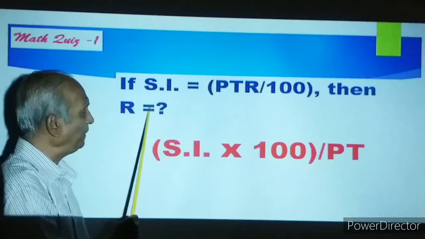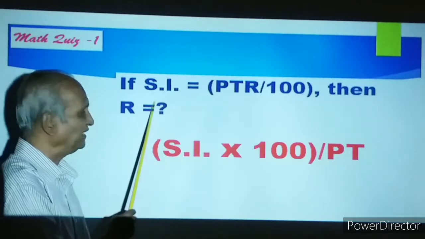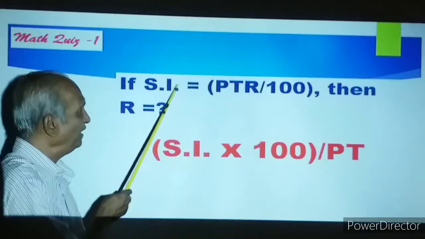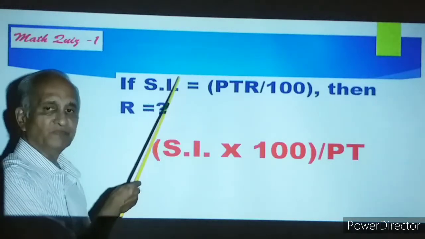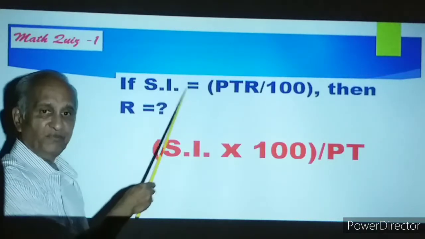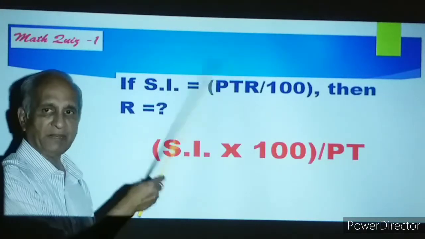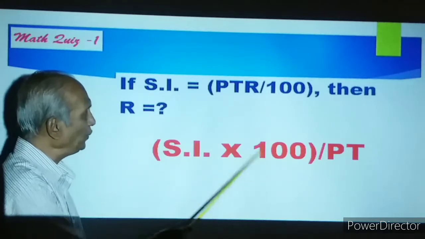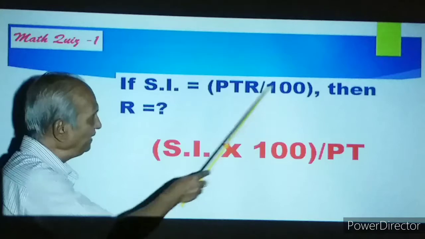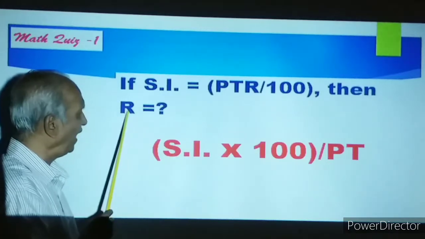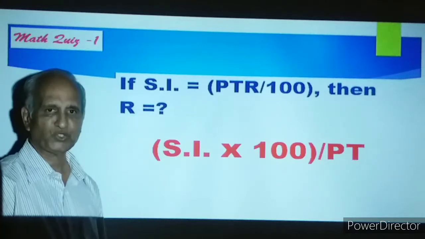SI divided by PT, it will turn to be the denominator here, and 100 which is the denominator will go and join with the SI with a multiplication sign in between. It becomes a part of the numerator. So it becomes SI into 100 divided by PT. So you get the value of R.